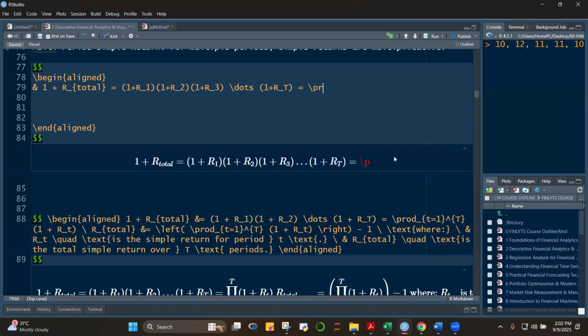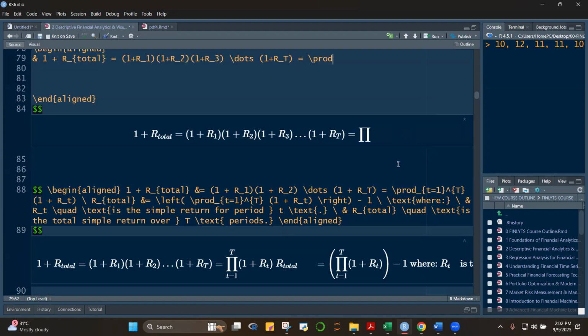But we're getting the product. And then again, product of what? Just like in summation, class, you have sum from what to what. Also product from what to what here. So product from time t is equal to 1 to product t.